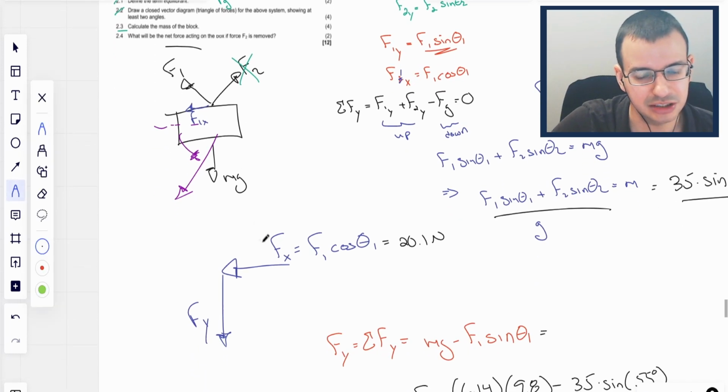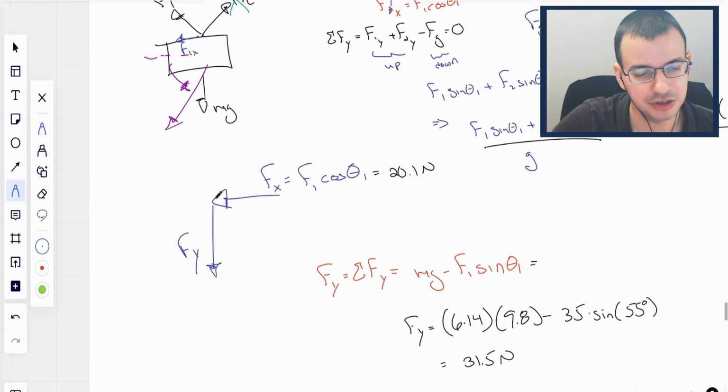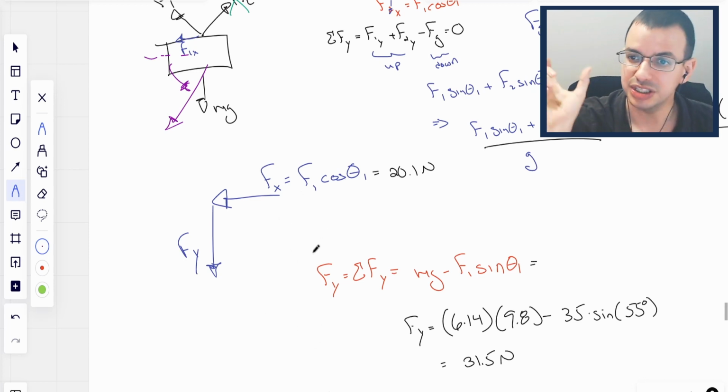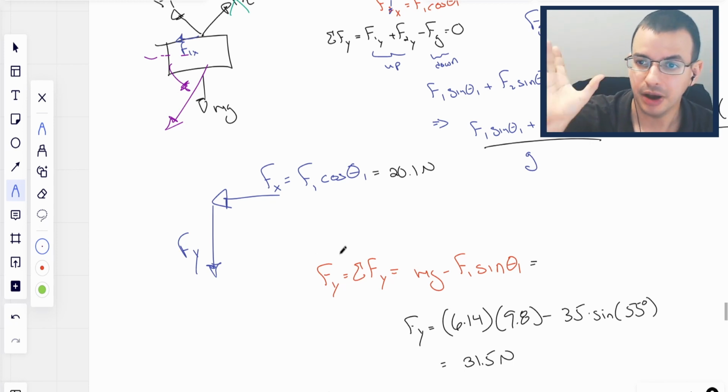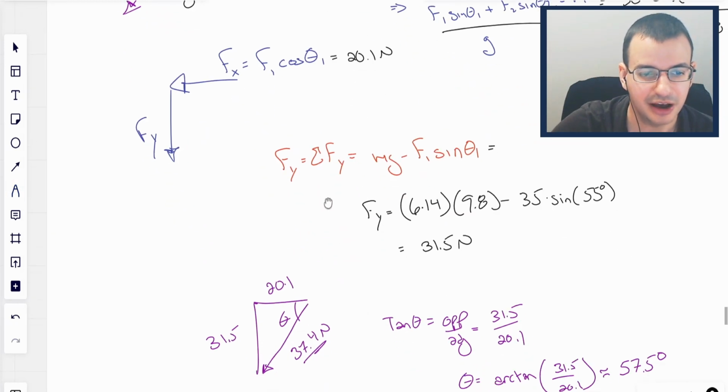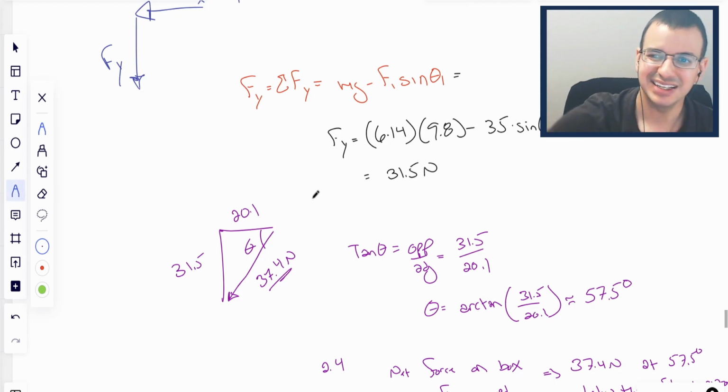What is the net force on it? To do that, since it's no longer in equilibrium, we just did a triangle, found the sum of all forces in the x direction and the sum of the forces in the y direction. Did a triangle, found the hypotenuse, and then found the angle using tangent of theta.